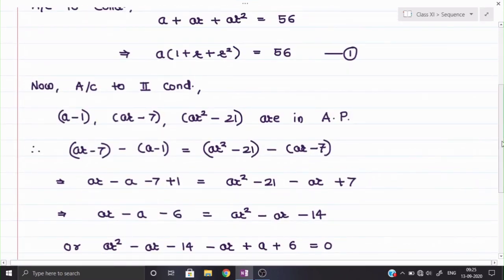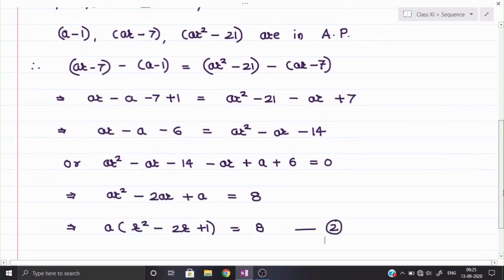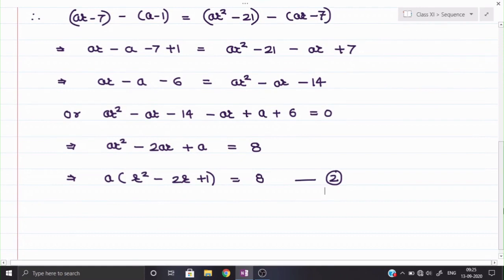Look at equation 1. In equation 1 we have A into (1 plus R square) is equal to 56. So if we divide equation 1 by equation 2, observe A we have taken common, so A and A will be cancelled. Okay, so further we'll write down equation 1 divided by equation 2.